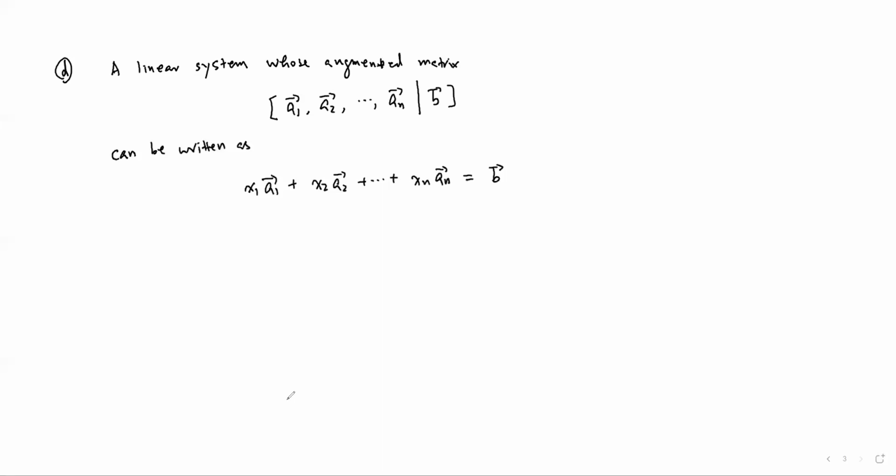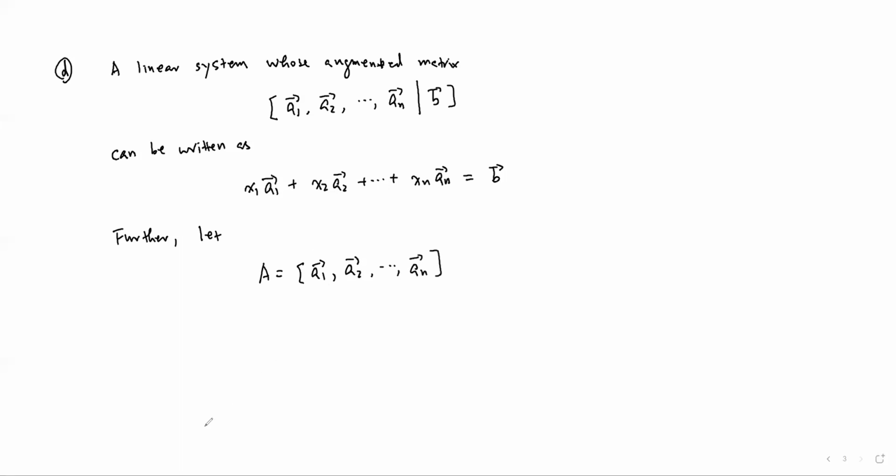Further, the left side of the vector equation actually is a matrix times a vector. Let matrix A have first column A1, second column A2, last column An.